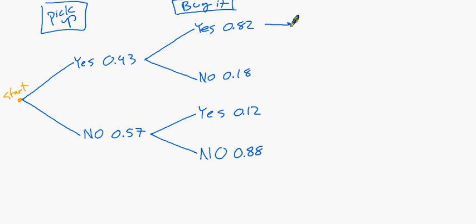We can, as we have done with other tree diagrams, get our sample space. So this is the probability of pickup and buy. Oops, wrong buy.